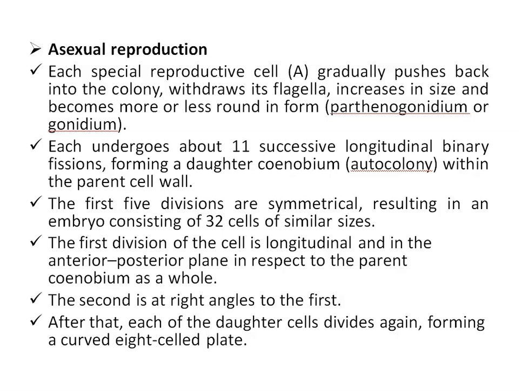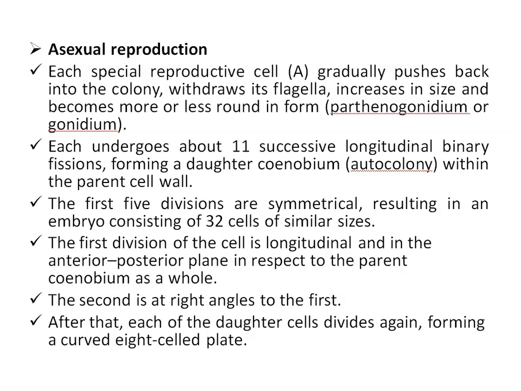So this is gonidium. Each then undergoes about 11 successive longitudinal binary fissions, forming a daughter coenobium within the parent cell wall. The first 5 divisions are symmetrical, resulting in an embryo consisting of 32 cells of similar sizes.